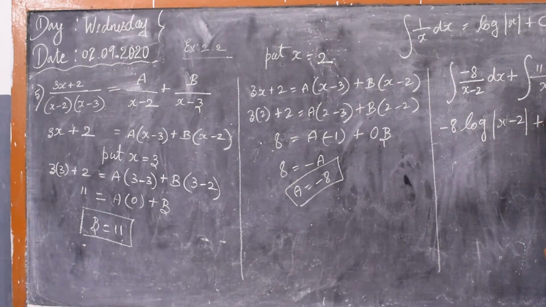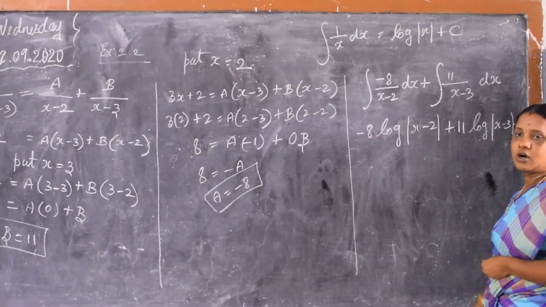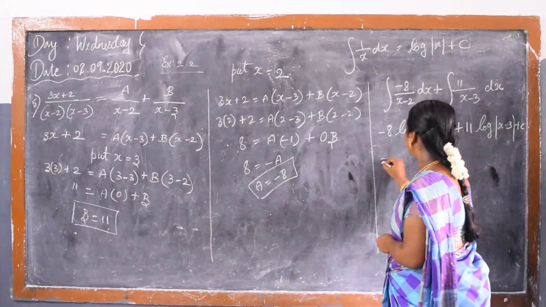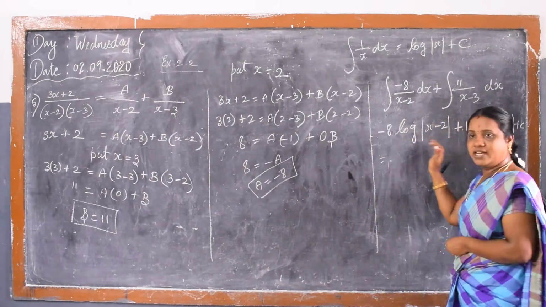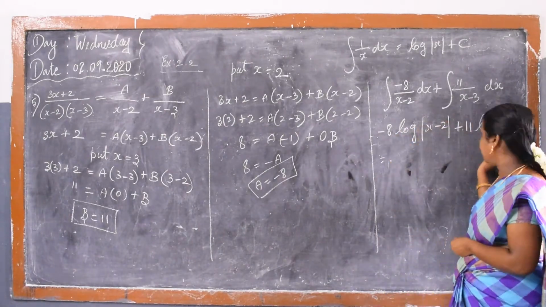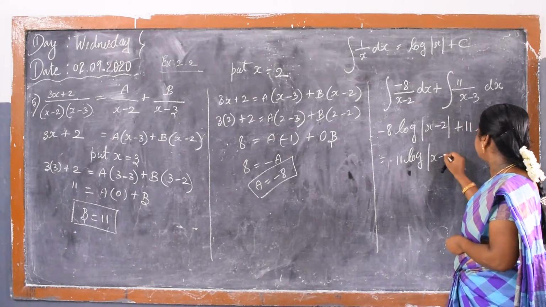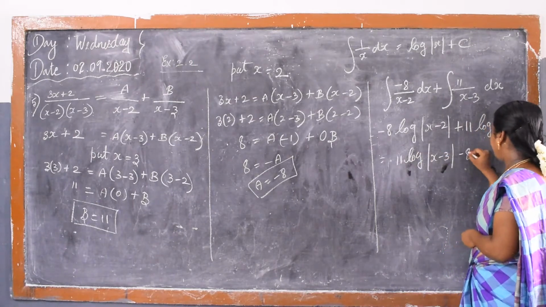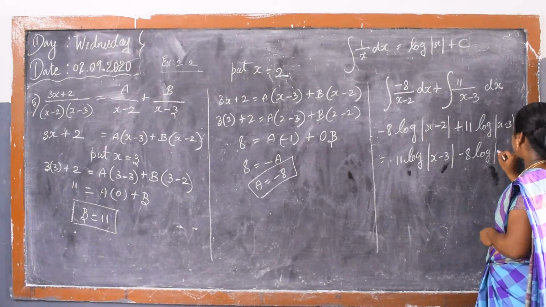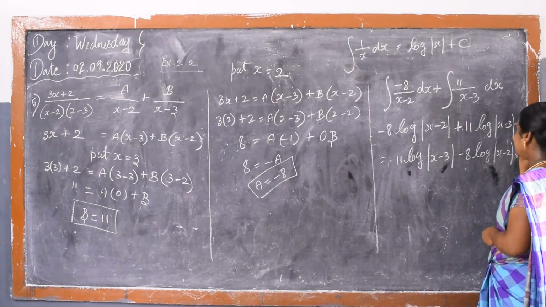Here plus 11, integrate 1 by (x - 3), we can write it as log|x - 3| plus c. c is a constant here, so you can interchange and write: 11 log|x - 3| minus 8 log|x - 2| plus c.